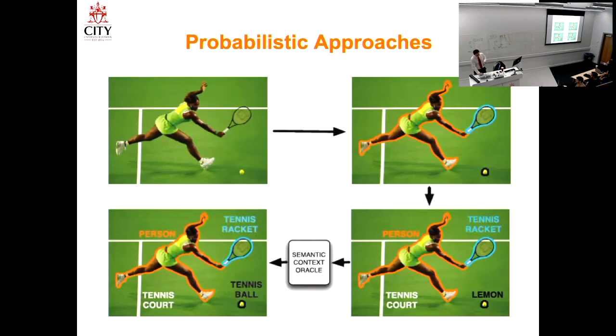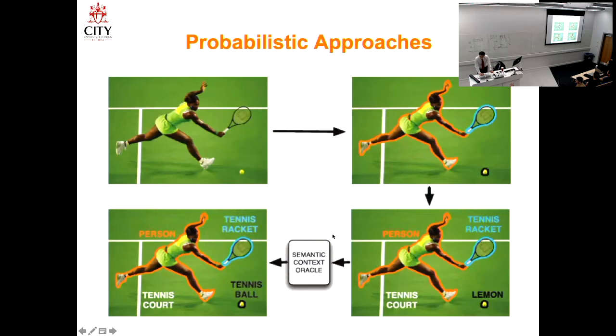So we have probabilistic approaches. Again, for simplification, look at this image. Say I have this scenario, and let's say I have a very good segmentation model, which says this is the tennis player, this is the racket, and this is a lemon. So it doesn't make any sense. This is not possible because in your environment you don't play with a lemon. You probably have a tennis ball.